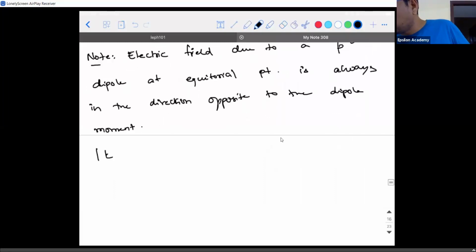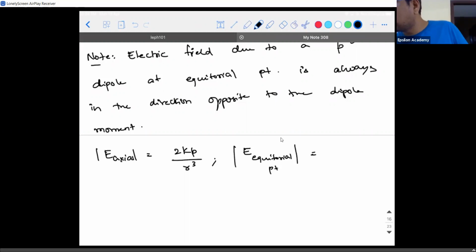So the magnitude of electric field along axial point is equal to 2Kp divided by r cube. The magnitude of electric field along equatorial point is Kp divided by r cube.